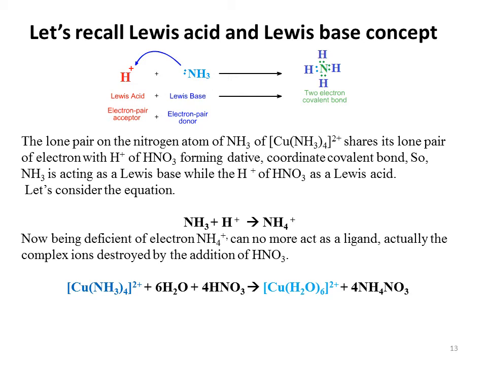The chemical reaction in the form of an equation is shown below, where you can see the copper(II) aqua complex has been formed along with ammonium nitrate. So in this way, the royal blue color is changed to sky blue color.